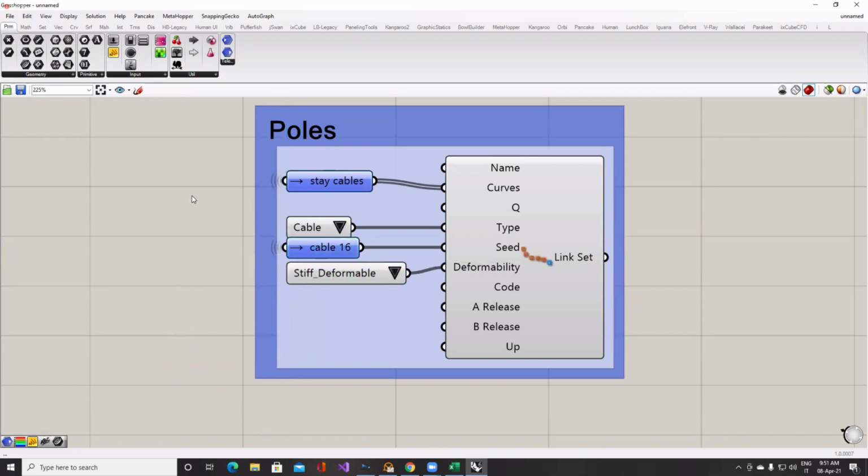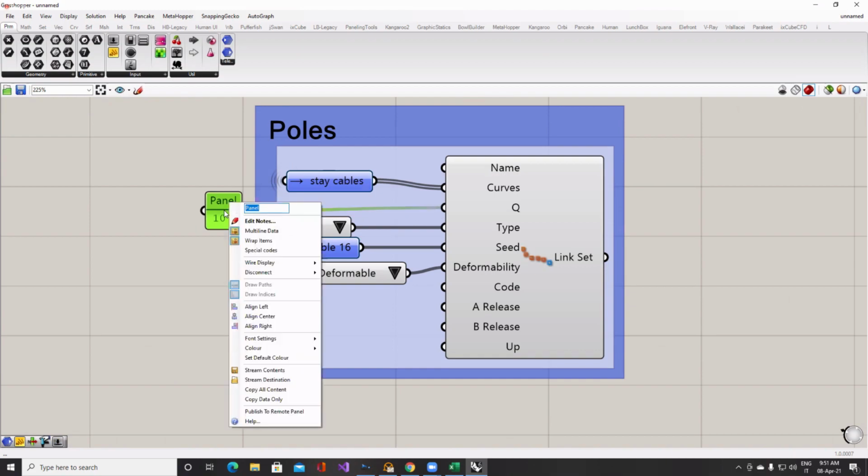What we need to input now is just the pretension of the cables. This is the initial pretension. Since these are stay cables, we do not really know which will be the final pretension, but this will be available after the form finding. The amount of pretension in those stay cables will be available after running the form finding. For the moment, I will just input 10 kilonewtons. It's a guess more than an input.